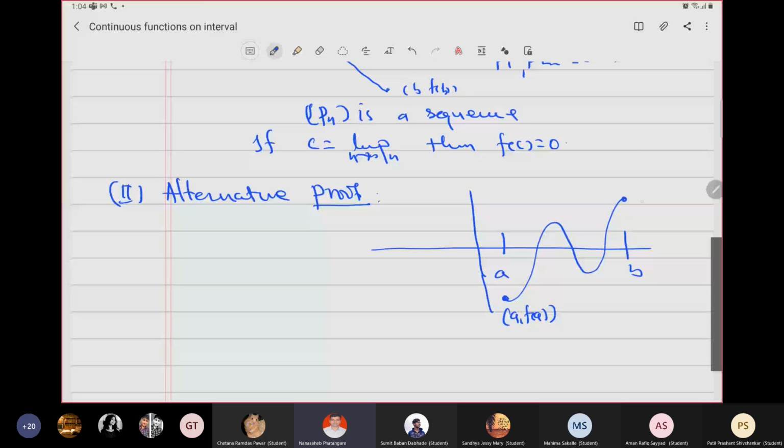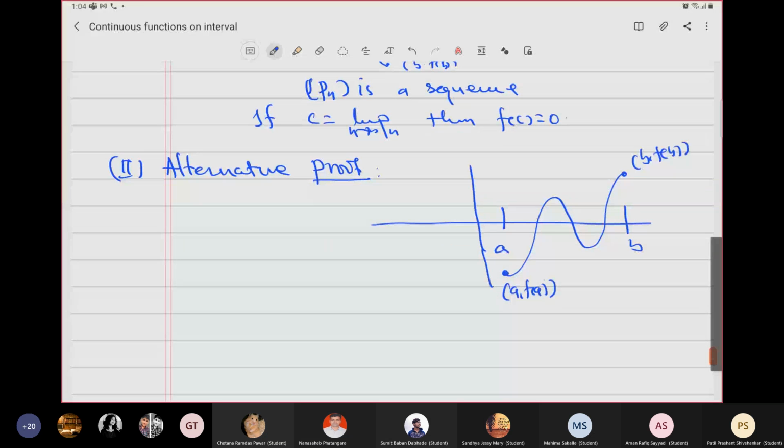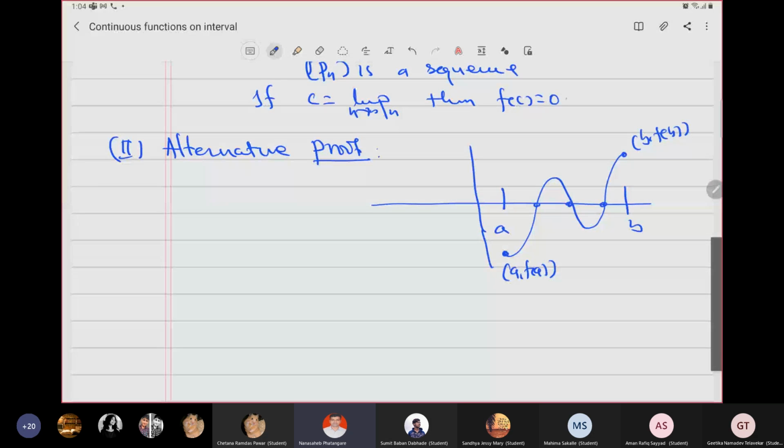Yes, sir. This function has three roots, right? The graph intersects the x-axis at three points. It has three roots, but the location of root theorem guarantees there is at least one root between a and b if the above conditions are satisfied. So in general, a function can have many roots, but at least one root is there if the conditions are satisfied.